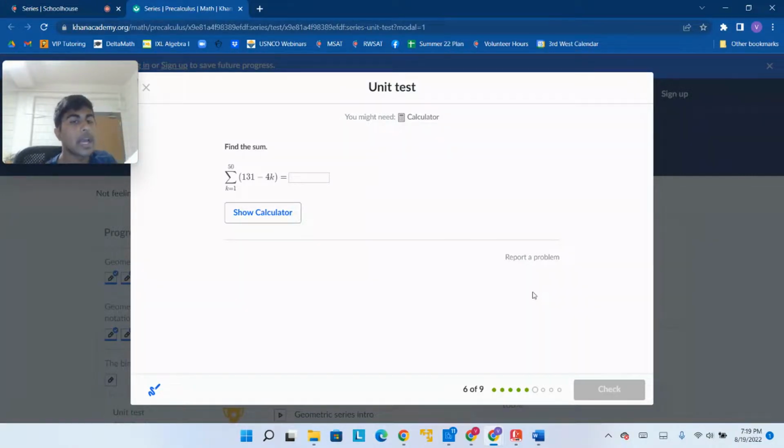Then you have the negative 4k. If you were going to add every number from 1 to 50, you would do 1 plus 50, so 51, and then there are 25 pairs of that, so 25 times 51 is going to be 1275. That's the sum of all the numbers from 1 to 50. Multiply that by 4, so that's going to be 5100.